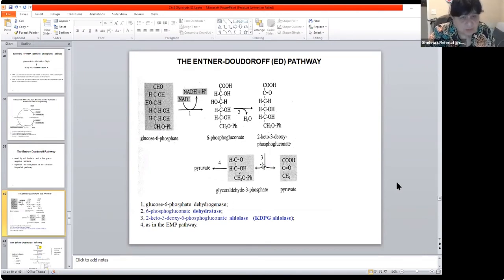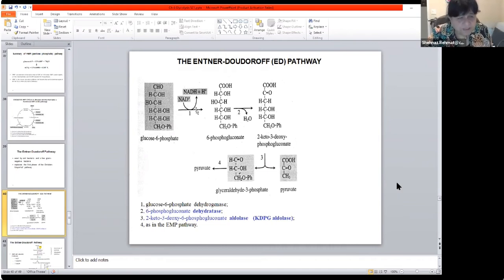And of course, the next one will also be unique because you've created a unique intermediate that you haven't seen in EMP or HMP. So this is found in ED, which is the aldolase. This aldolase will create pyruvate and glyceraldehyde 3-phosphate for you. So this unique intermediate, which is KDPG, keto-deoxyphosphogluconate, if you detect this, you know the cell is running the ED pathway because this is unique to this pathway.